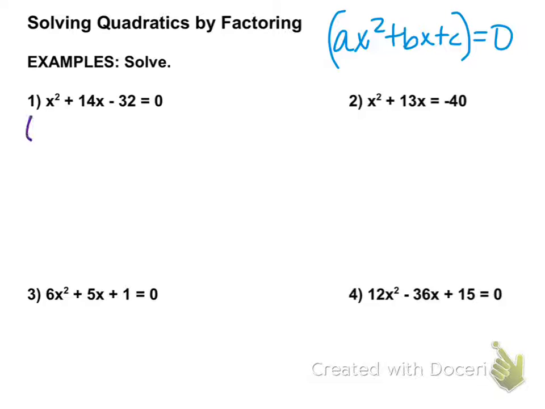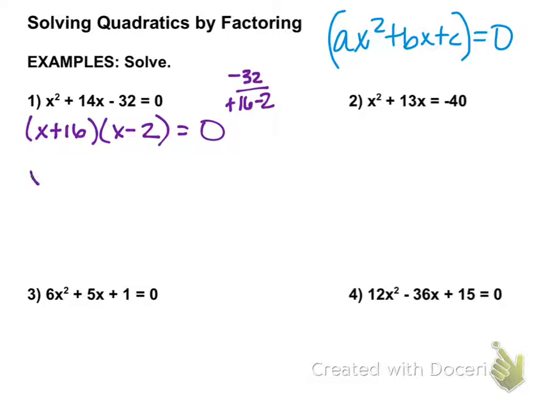So I'm going to solve this here. I need to find factors of negative 32 that get me to 14. So 16 and 2, positive 16, negative 2. So I have x plus 16, x minus 2. These two things multiplied together give you 0.